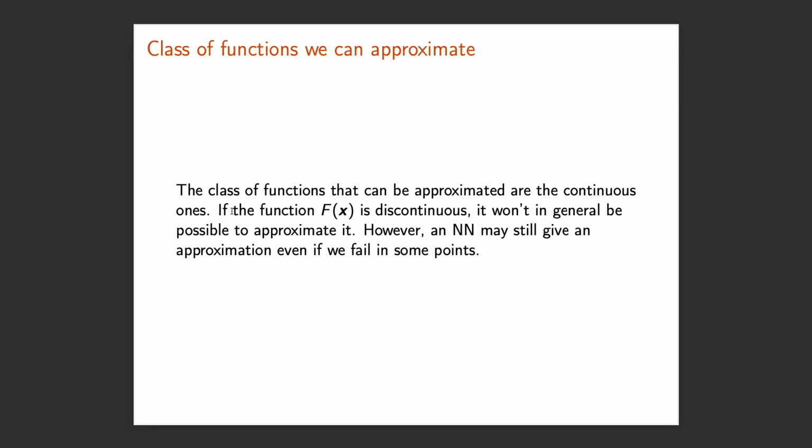So there's a lot of trial and error in the field. However, the theorems are pretty clear, but you may find that a neural network still gives an approximation even if we fail at some points. These are hands-on experiences which many people gain in using neural networks.